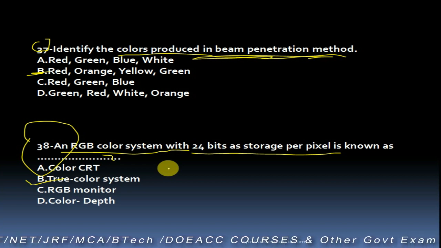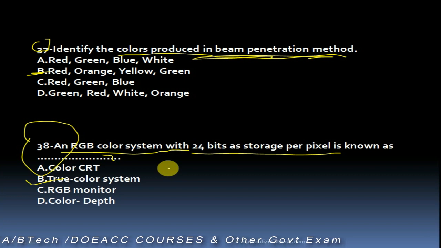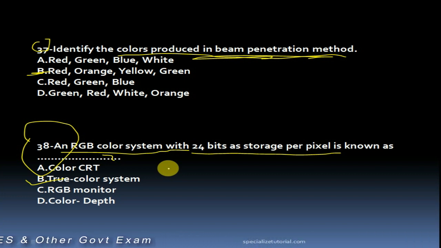In this color map, each color is usually chosen from the palette. So 16,777,216 colors is basically 24 bits, 8 red, 8 green, and 8 blue. Clear? So an RGB color system with 24 bits of storage per pixel is known as a true color system.